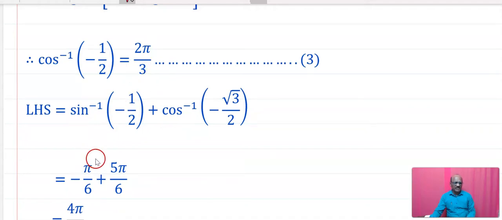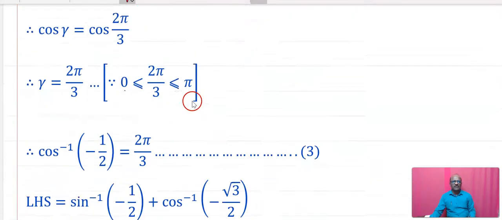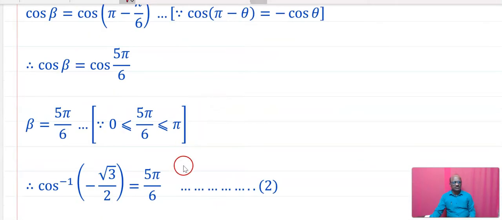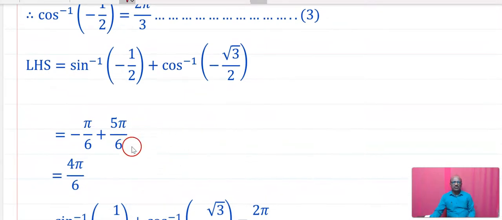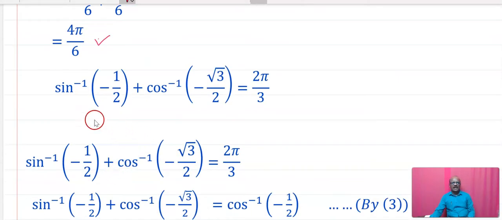Now we consider LHS. Sine inverse of minus 1 by 2, we know, is minus pi by 6. Cos inverse of minus root 3 by 2, we have calculated it. It is 5 pi by 6. If you simplify this, then you will get 4 pi by 6. And again, on simplification, you will get 2 pi by 3.